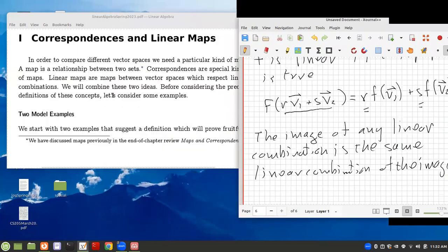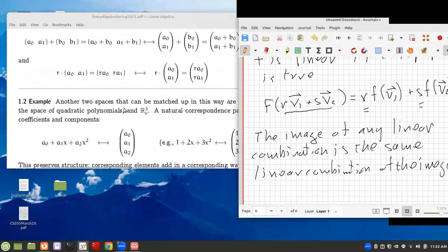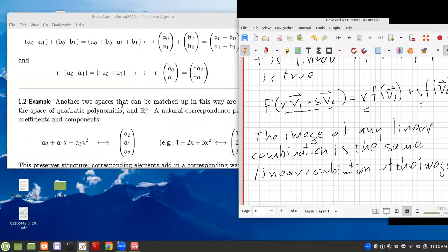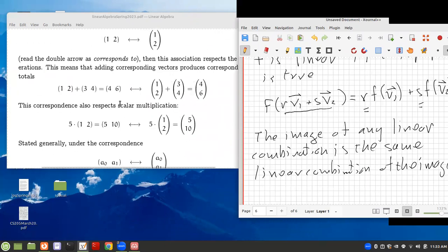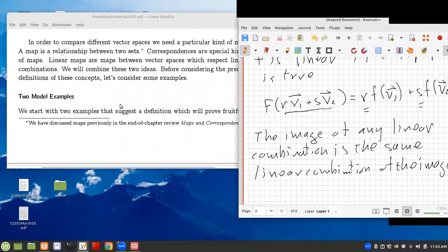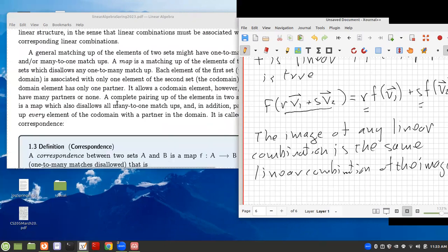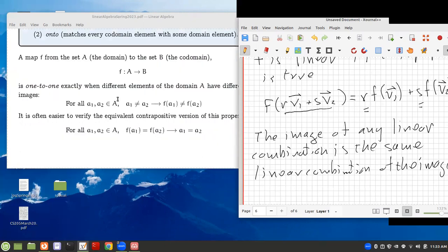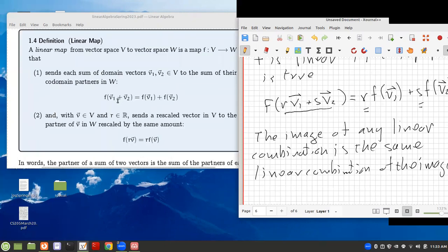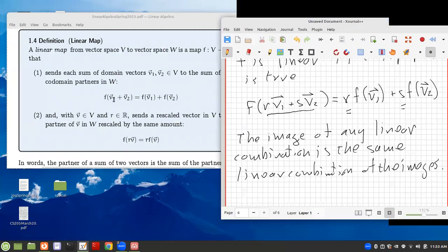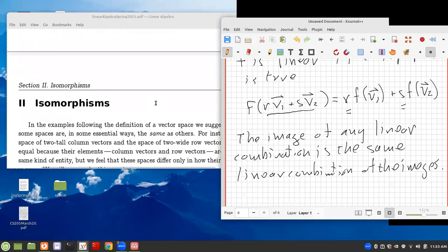Because this is the first property, let's see. Let me find some. Yeah, here's the definition of a linear map. There's a slightly different property. You'll see that this definition is the same as this one here, but this one captures the spirit of what's going on.